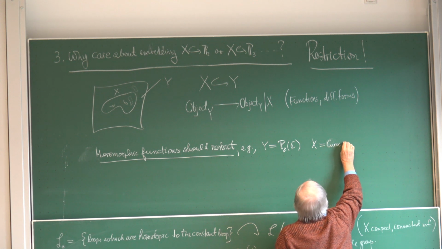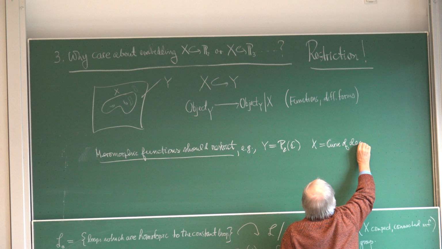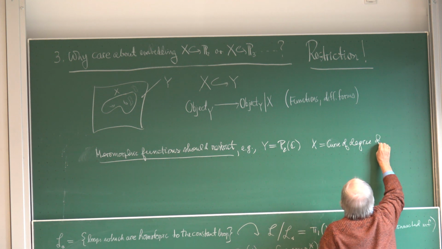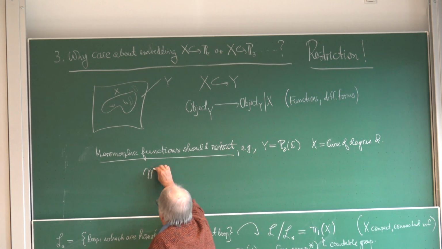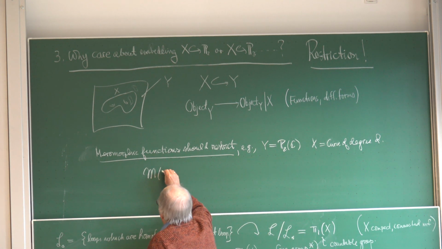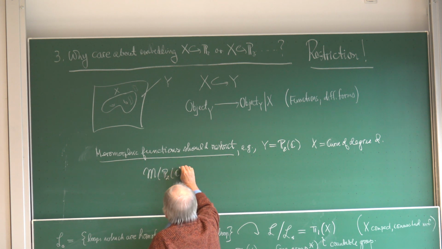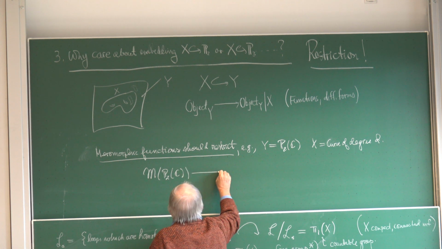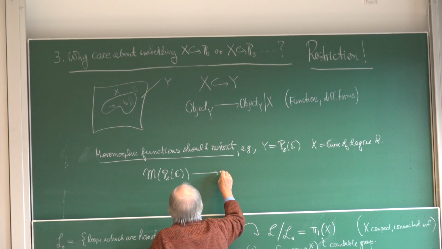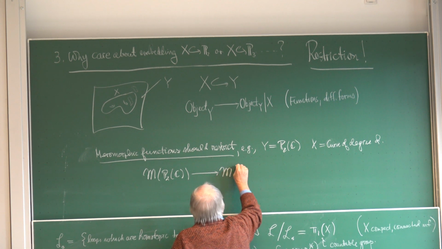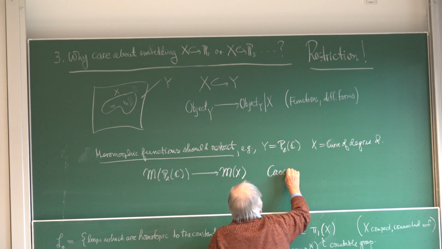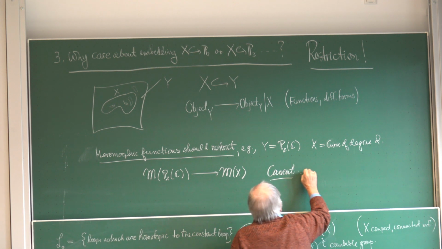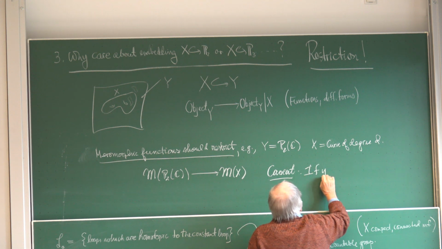Why not? Then if you have a meromorphic function on P2, you can just restrict it to X as a meromorphic function. And I'm going to write here a caveat: if you're lucky. If you're not unlucky.